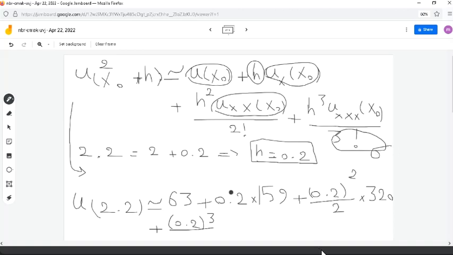Then we should write 0.2 power 3 over 6 times u_xxx at x0, at the last page, we obtain 480.